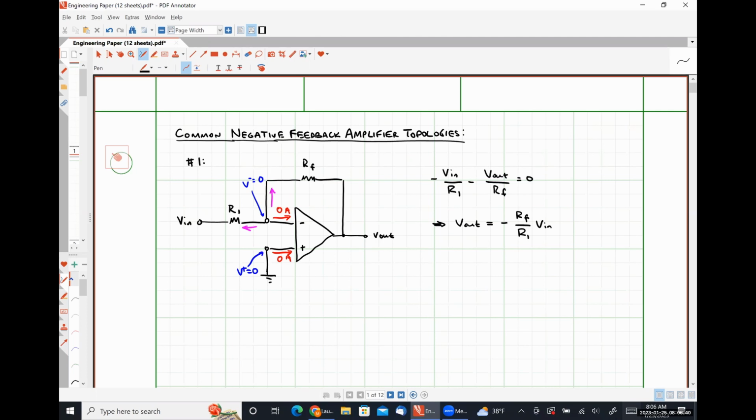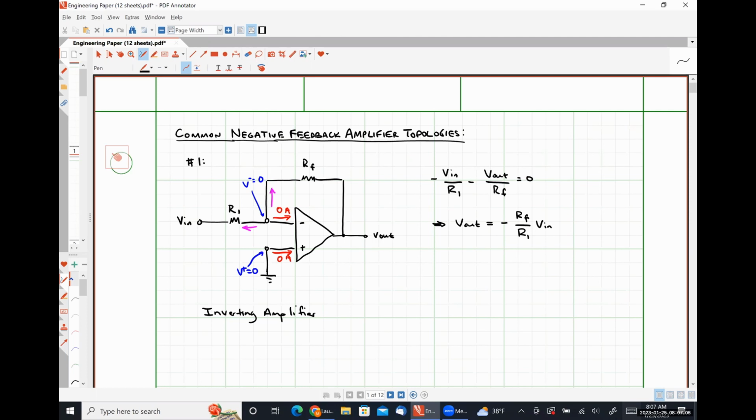So this is what's called an inverting op-amp, or an inverting amplifier, okay? It's an inverting amplifier because if we apply a positive input voltage, we get out a negative output signal.